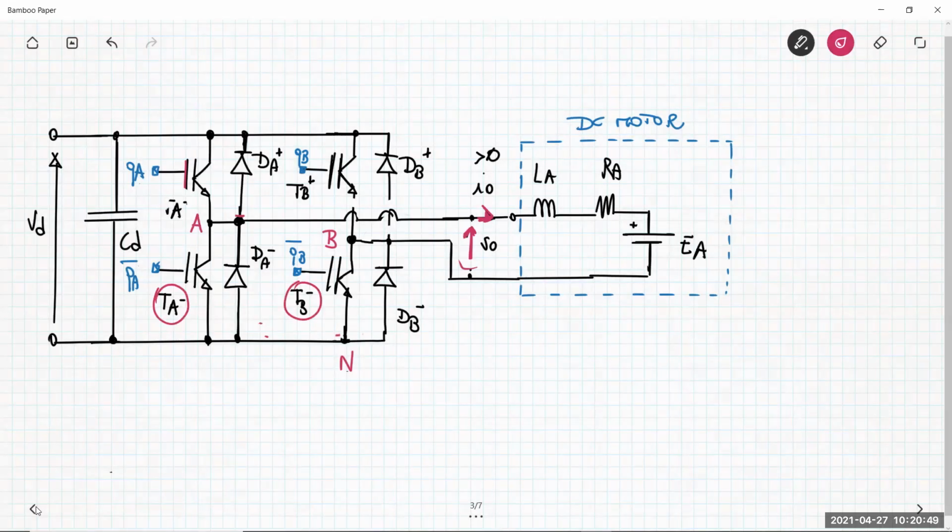The current is again positive, and the current can be conducted by what? Not by TA minus, because this is off, sorry, TA plus, because this is off. Not by TA minus, because the current cannot go from the emitter to the collector in the IGBT, but it can be conducted by the diode. And then when it returns back from the motor, the same current can be conducted by TB minus. So dA minus and TB minus are now conducting the current.